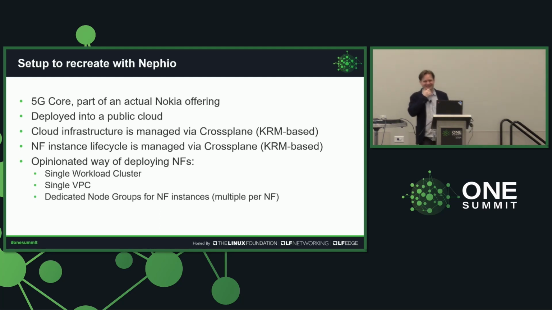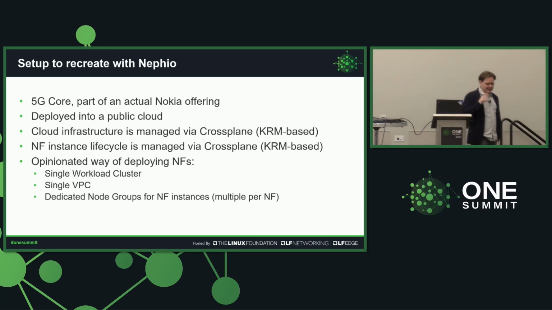It turned out that this is the typical famous last words scenario. This product also came with its own opinionated way to deploy things. I would call this a deployment strategy. In this case, that means that the whole complex topology was deployed into one and only one workload cluster, but dedicated node groups were created for each and every network function instance.